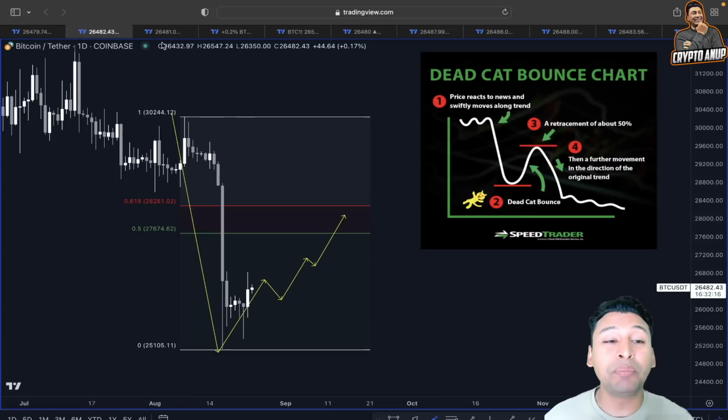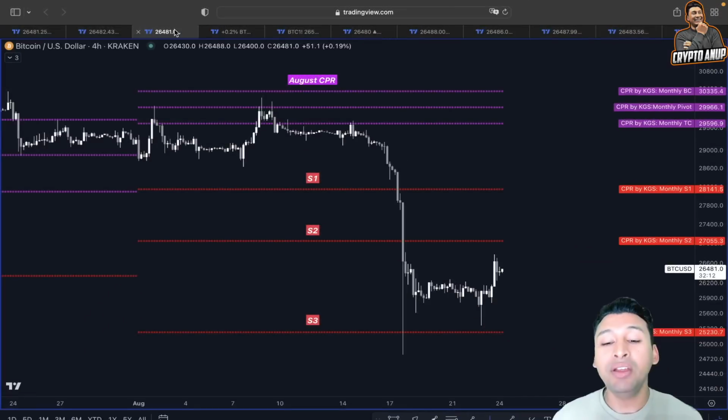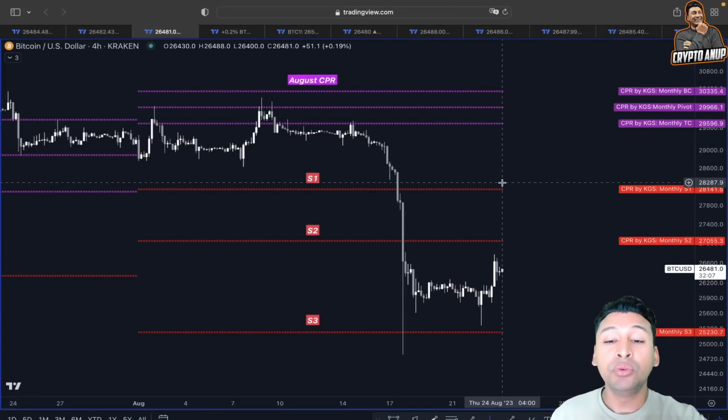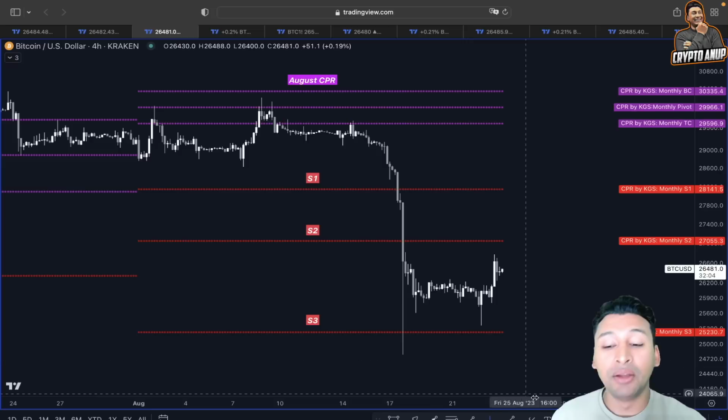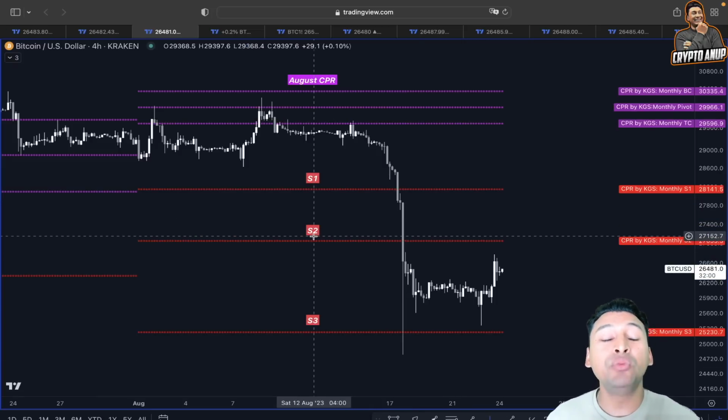Yes guys, the price of Bitcoin, if it manages to remain above 26,000, then there is a very high probability of price getting attracted in between S2 or even this S1 line before choosing a trend duration. And yes, we are below S1, we are below S2 line.